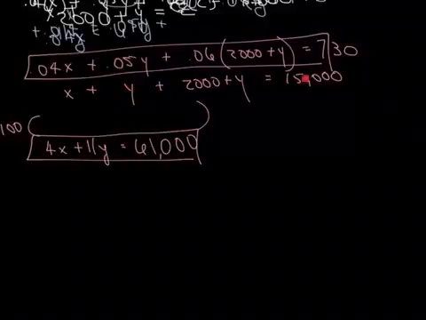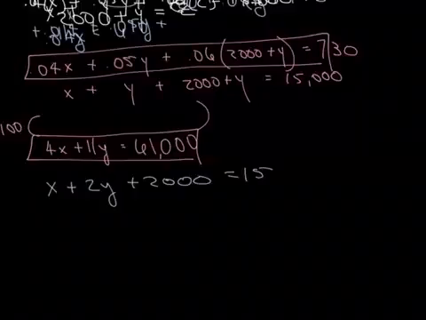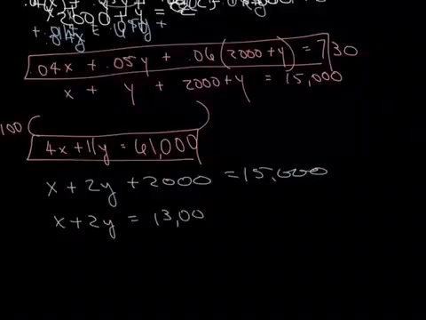Now let's work on this part right here. I have x plus 2y plus 2000 equals 15,000. So that gives me x plus 2y equals 13,000.